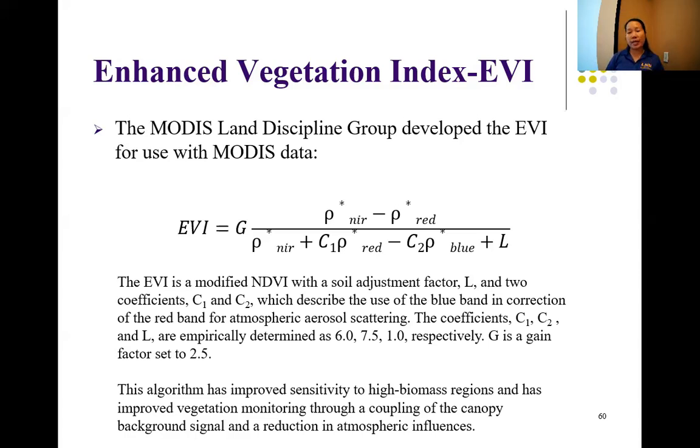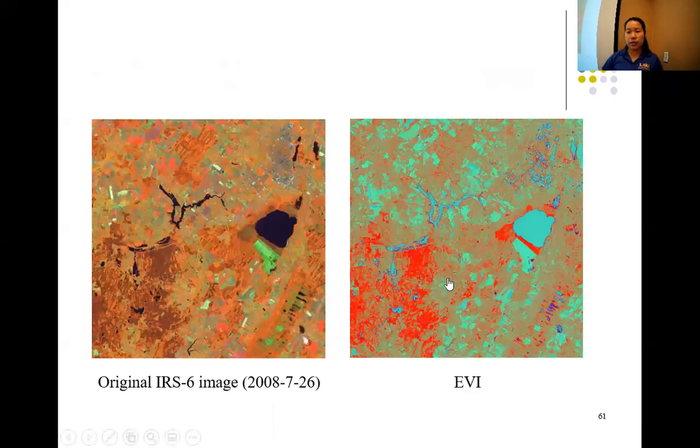So based on the theory here, we expect that this EVI might be able to solve the saturation problem in the NDVI, and also probably will be much more stable compared to the NDVI, like the impact from the atmospheric condition. So that's the EVI. And then this is the result of applying this method to the same region over here.